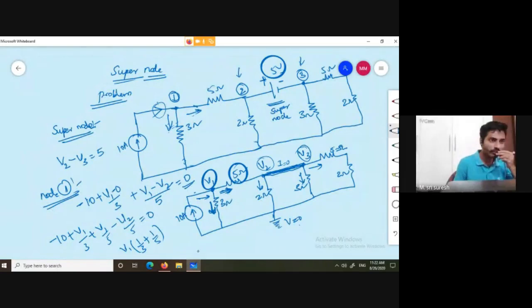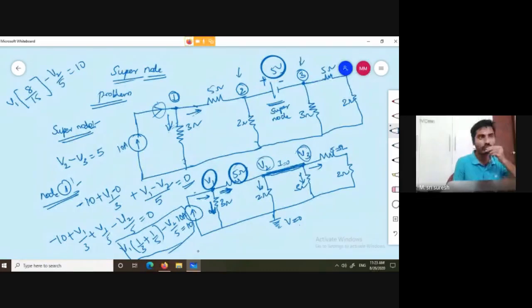So we'll get (1 by 3 plus 1 by 5) V1 minus V2 by 5 equals 10. So this is the equation we have to solve. Taking the LCM 15, 5 plus 3 is 8, so 8 by 15 V1 minus V2 by 5 equals 10.